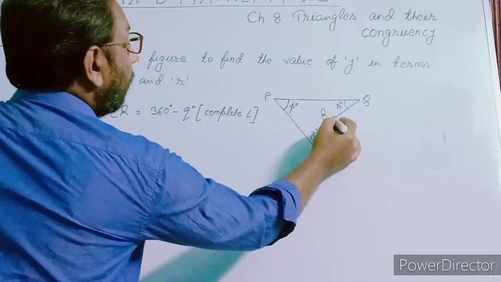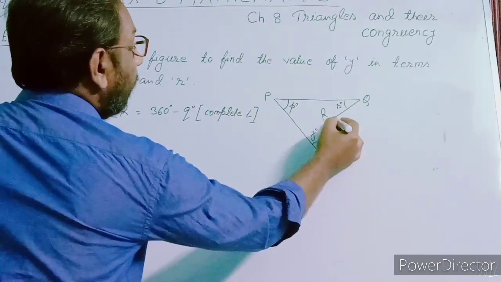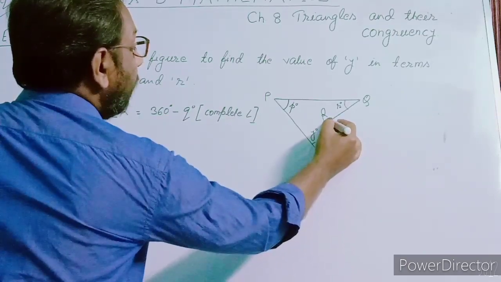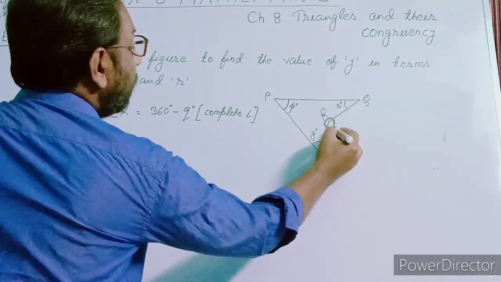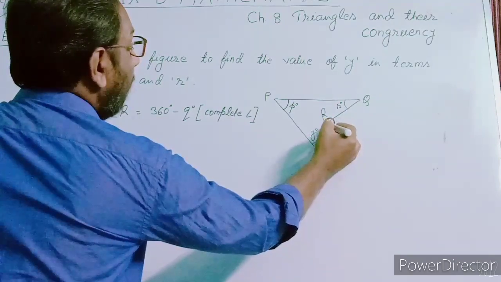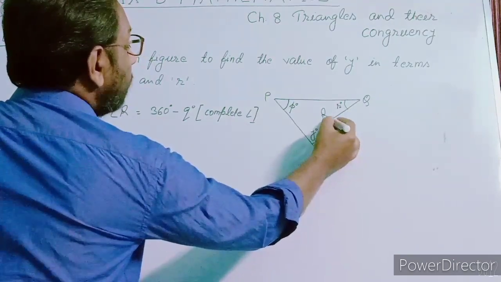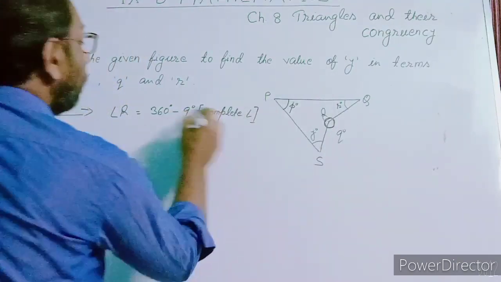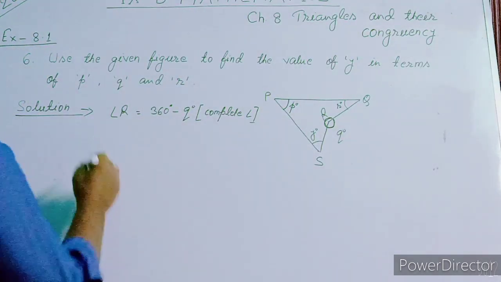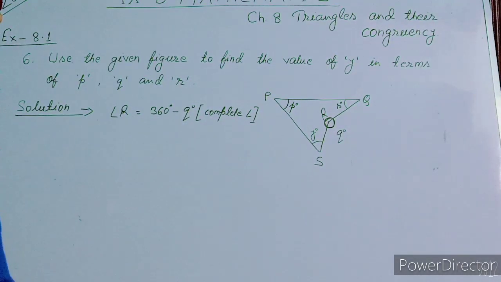This is complete angle 360 degree and this much is Q. So this angle R equal to 360 degree minus Q. And this is a quadrilateral. Quadrilateral is any figure that is bounded by four sides. Those four sides are PQ, QR, RS and PS.